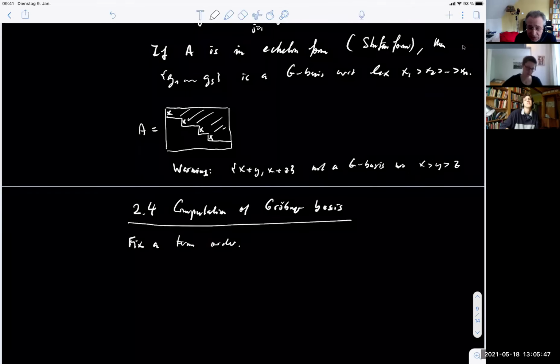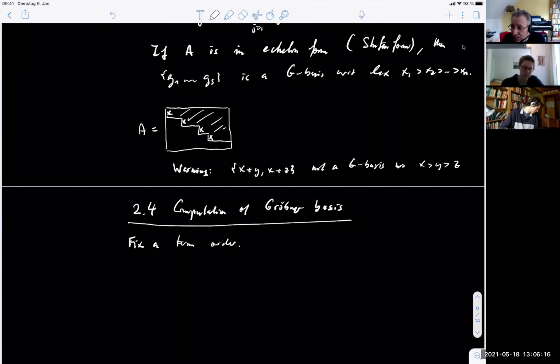So how can I proceed? Let's say I have G1 up to GS. These are my polynomials. I pick two of these polynomials, compute the S polynomial, make a division with remainder, and see whether I get 0.